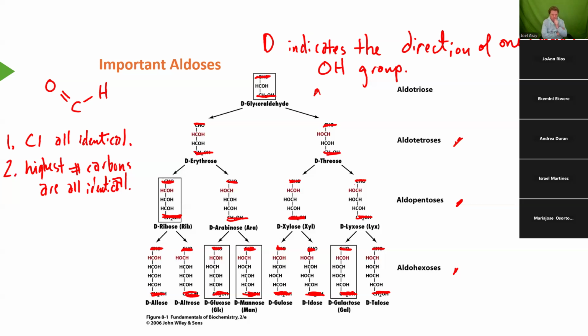Okay, we got C2. Well, we know they're all aldoses because that's carbon number one. Now, Chris, you mentioned C2. Okay, if we look at carbon number two in an aldotriose, would you agree with me that in C2, OH is on the right? Would you agree with that statement?